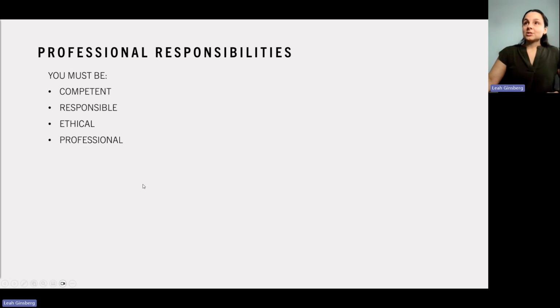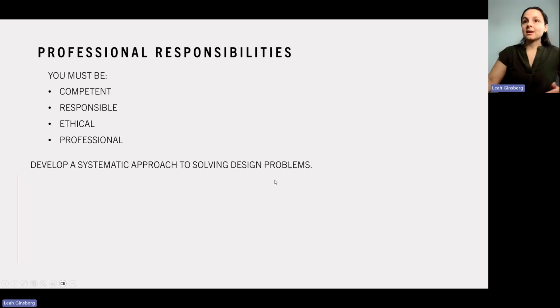All right, as engineers, we have ethical and professional responsibilities to be competent, responsible, ethical, and professional. And there are many ways that you can accomplish this. One good approach is to be systematic when you're solving your design problems. So understand your problem, identify what you know.